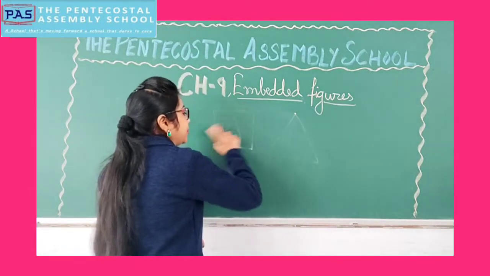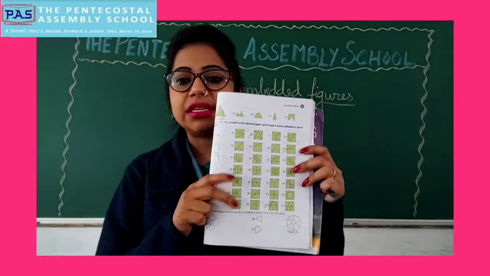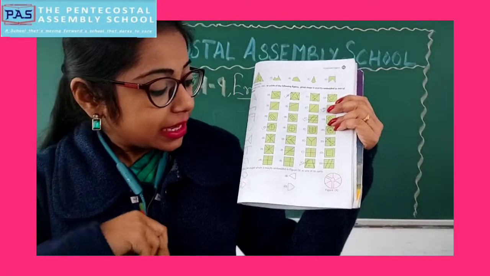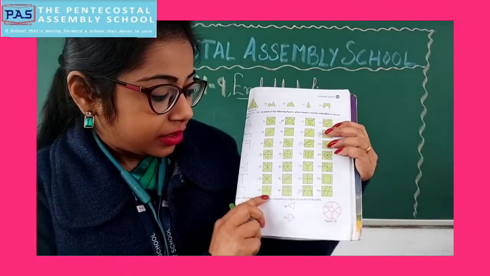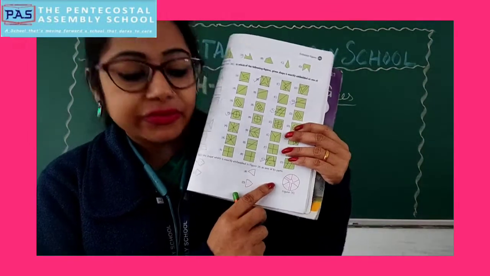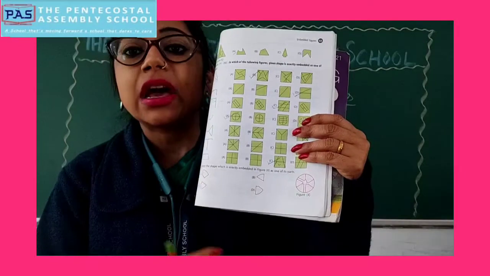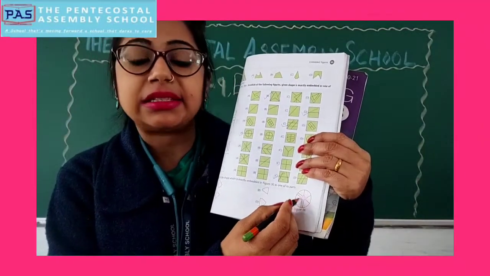Till question number 20, we did it in our last class. Question number 21, given on page number 69, you can see here: select the shape which is exactly embedded in figure X as one of its parts. There is a figure X and you have to select a figure which is exactly embedded inside it as its part.